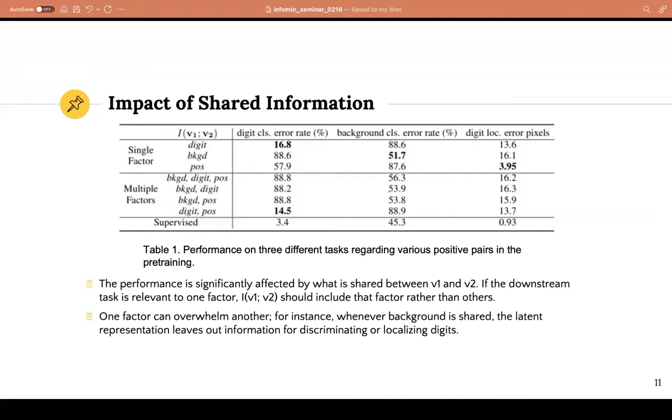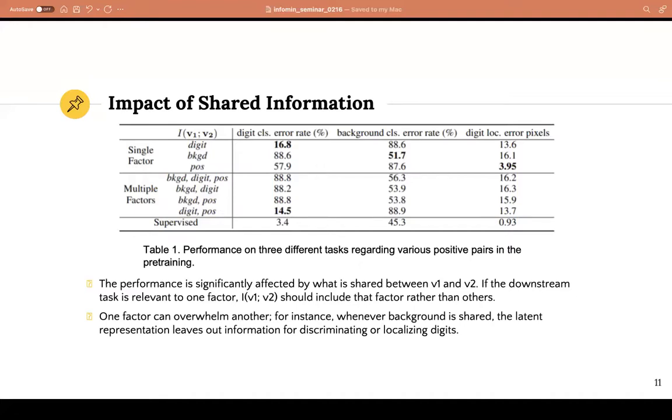And from the result, we can see 2 conclusions. The first one is the performance is significantly affected by what is shared between the V1 and V2. Specifically, if the downstream task is relevant to one factor, then the mutual information should include that factor rather than others.